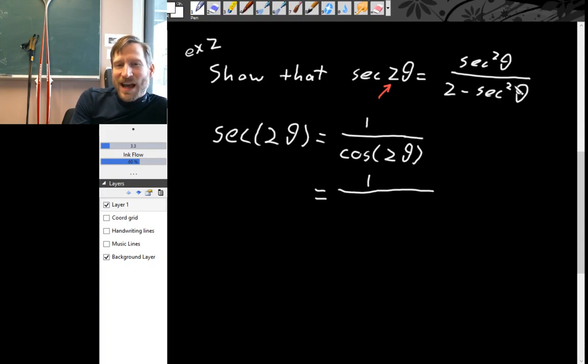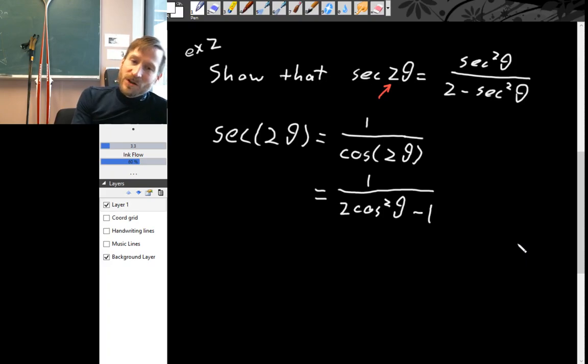And if you look at our goal for this identity, our goal only has secants in it. And secant is related only to cosine, so it seems like introducing sine into this whole thing is not necessary. So let's just stick to the flavor of the double angle formula for cosine that only has cosines in it. And that is 2 cosine squared theta minus 1.